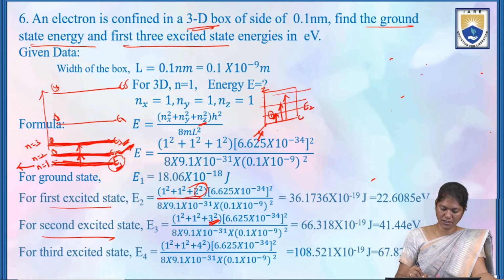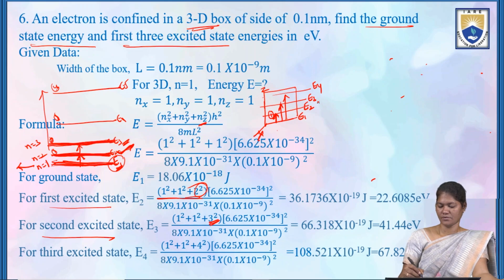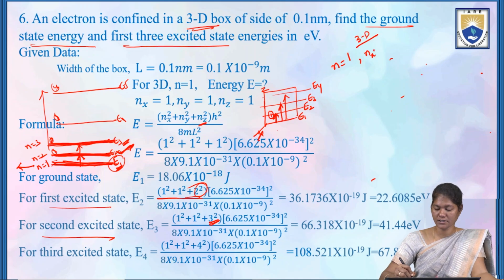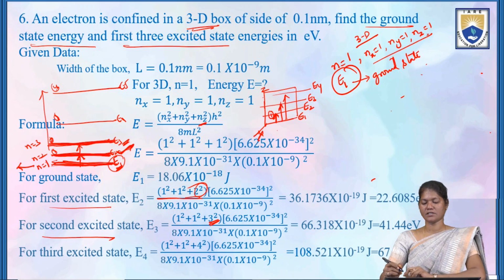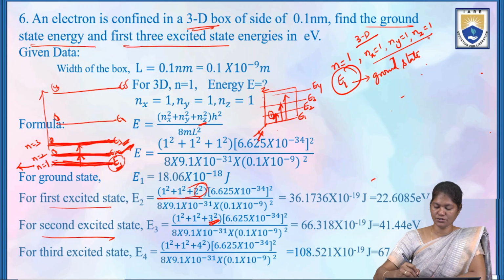So in three dimensions, nx is equal to 1, ny is equal to 1, nz is equal to 1 for the ground state energy E1.